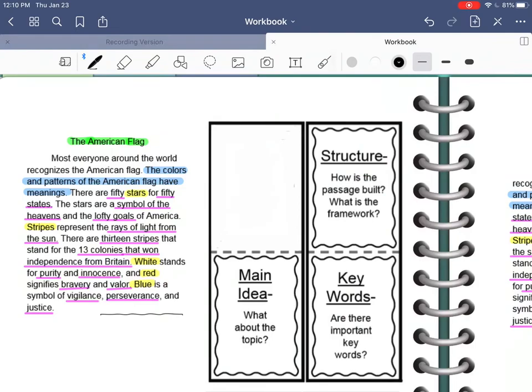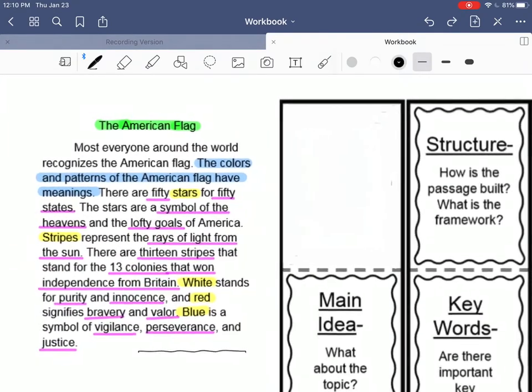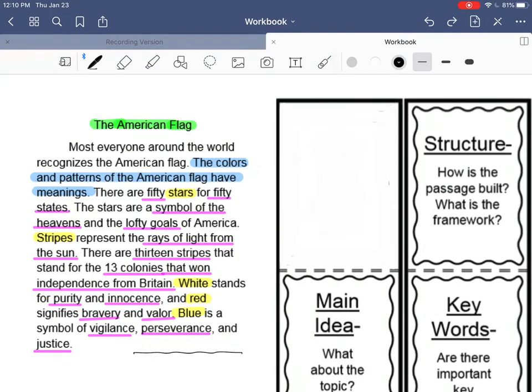Okay, so I want you to open the door that says topic. So this is the door that we're working on. Open that door up so that you're looking at just a blank space. And the topic of this passage, we've already identified it, is the American flag.